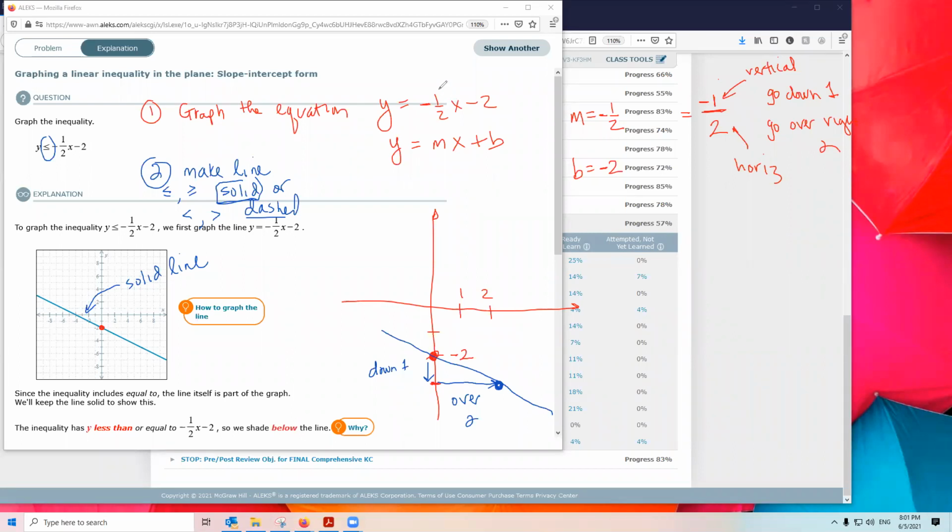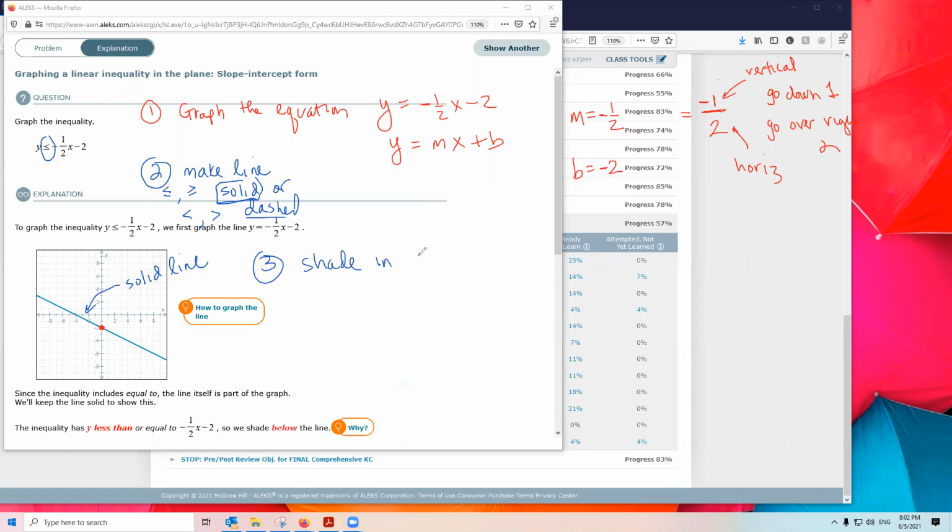Let's go to the last step. The last step is to shade in one side of the line. So I want to shade in step 3. Shade in one side of the line. Well, should I shade in above our solid line or below the solid line? Well, I'm not sure, but here's what you do.